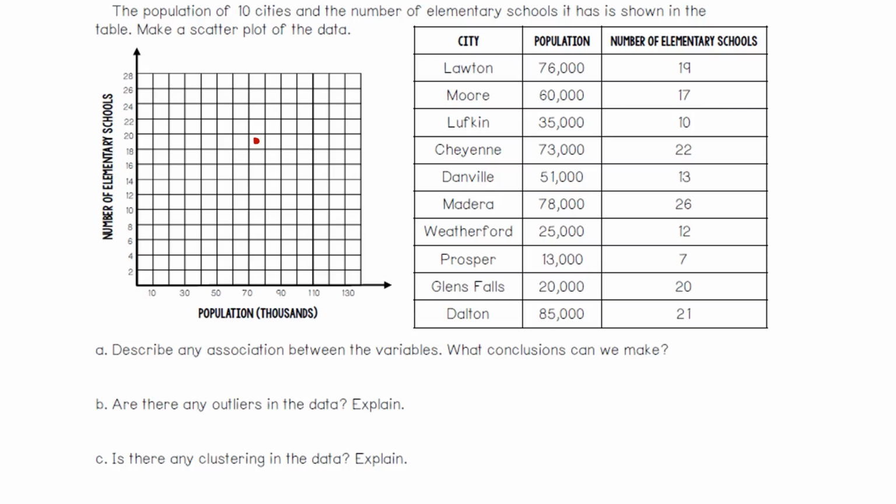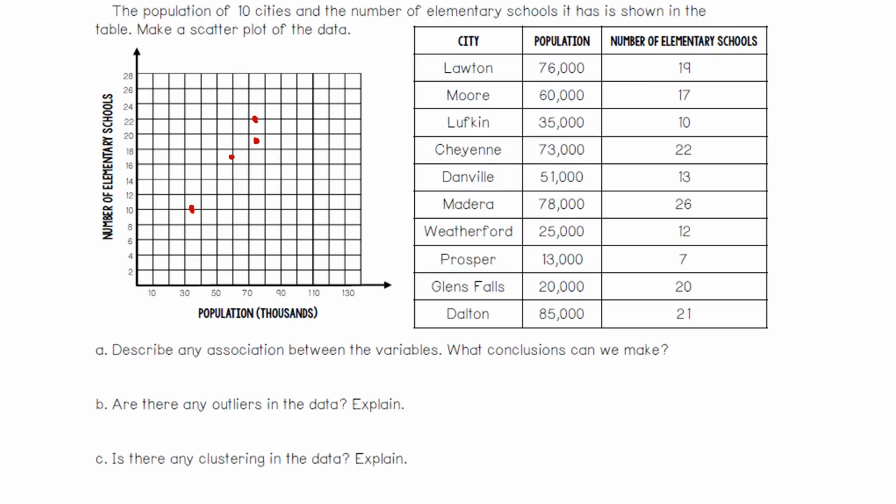For the next city, Lufkin City, we have 35,000 people and 10 elementary schools. For Cheyenne City, we have 73,000 people and 22 elementary schools.